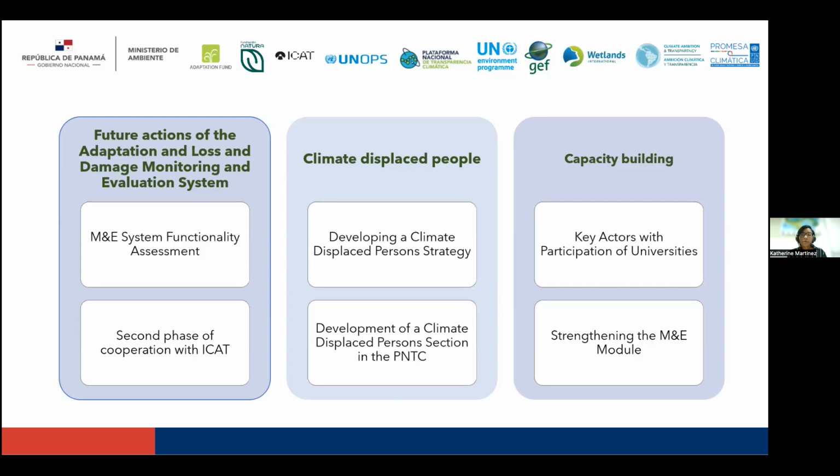Second, we would like to have a strategy to work on climate displaced people and develop a section on displaced persons in our platform. Also, we would like to continue our capacity building and strengthen the M&E module that is in the transparency platform.